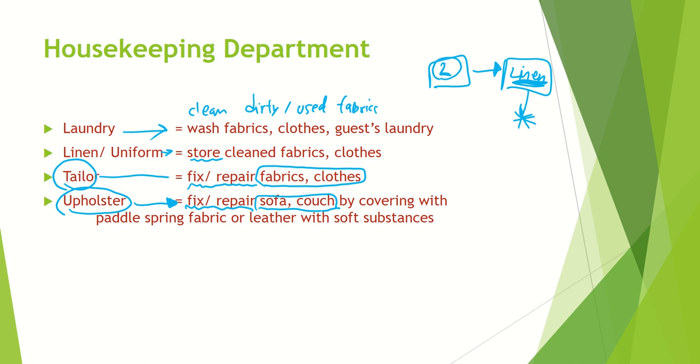When the sofa is torn, the upholster repairs it by covering. It can be a kind of fabric or cloth or leather. Cover, fix. That is the upholster.